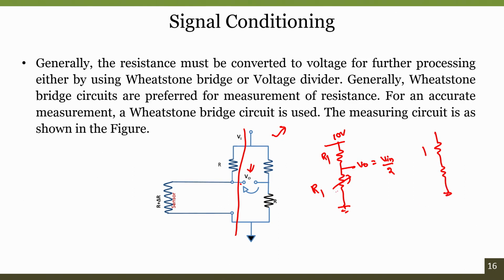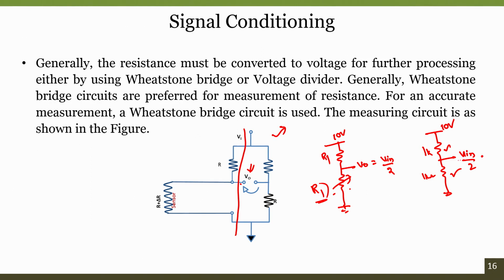In this case, this is an unknown resistance which we have to find out, whereas in this other case both the resistances are fixed. This is also 10 volts, the same voltage that we are using here, and it will always be Vin by 2. Here the output voltage depends upon R1, the sensor, but in this case, since both resistances are fixed, it is Vin by 2.